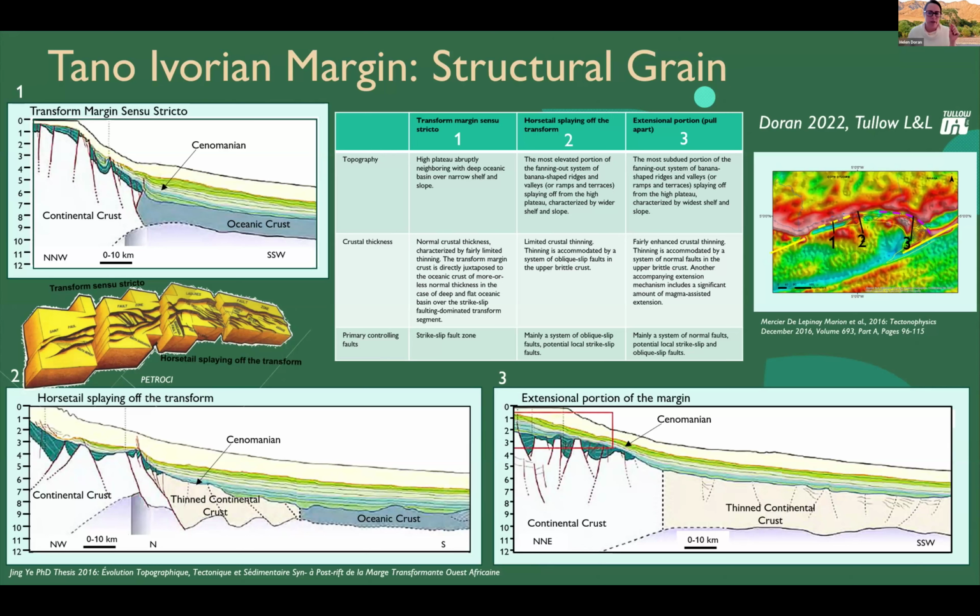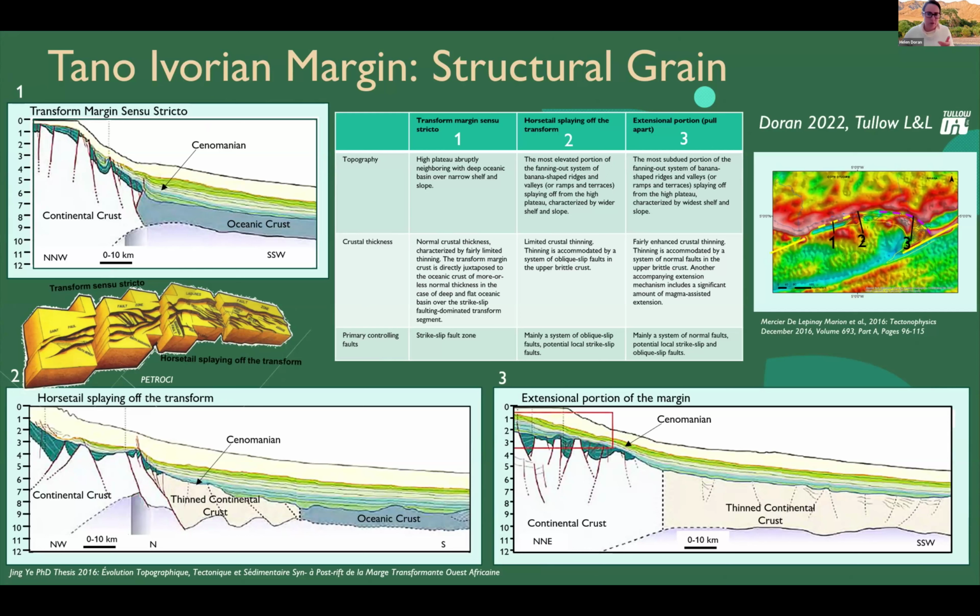So we'll focus first on the narrow end of the margin, which is entirely offshore Côte d'Ivoire, and that's marked by this line number 1. And this is the area that we know as the transform sensu stricto that Michael talked about in his initial presentation. Characteristics of this area and of all areas in this setting are that it's undergone minimal crustal extension.